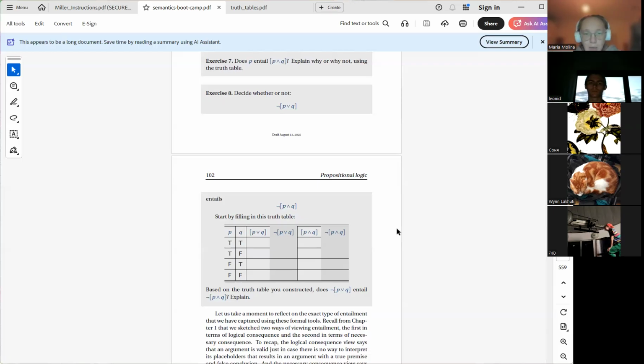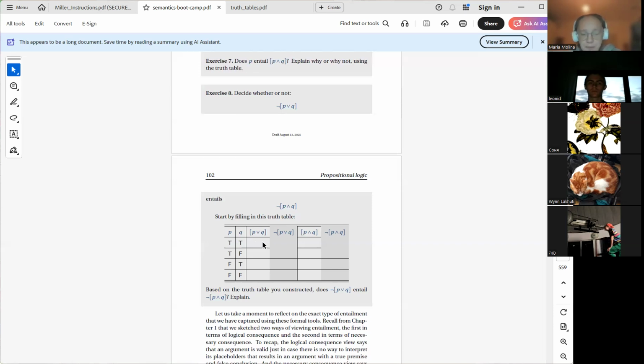So we actually get this sort of table. If P is true, Q is true, P or Q is, remind me, what is P or Q? It means at least one of them is true. So yes, it's true.